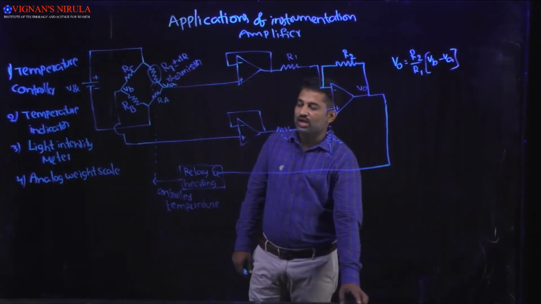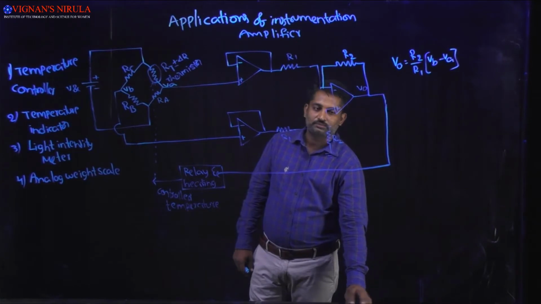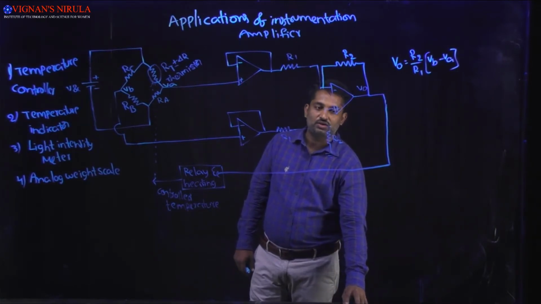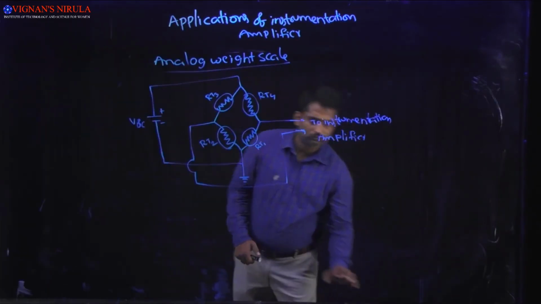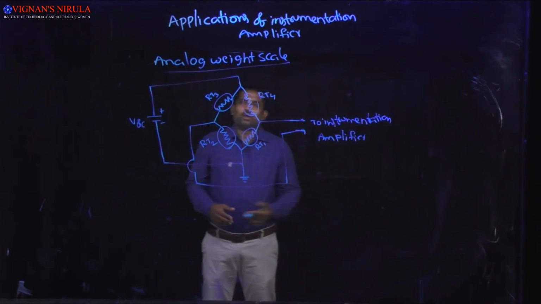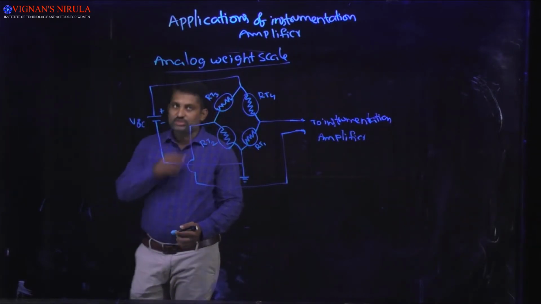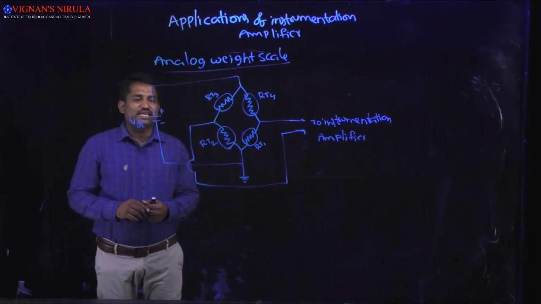Next, we are going to discuss the analog weight scale. For that, I am going to draw the circuit for the analog weight scale. Now I am going to explain the last application of the instrumentation amplifier, which is the analog weight scale.